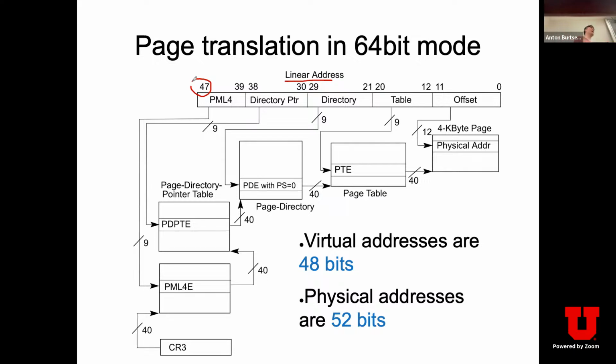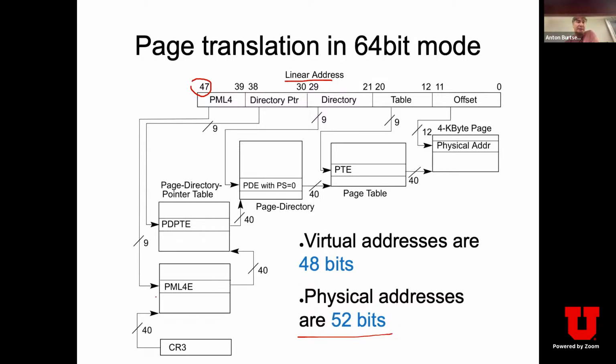If you have upper bits, I forget how it actually works, but it can be an exception, or it can just drop those bits and say we don't know what to do with them, right? And since you're translating your address space, physical addresses are also not 32 bits or 64 bits. You need 52 bits to provide a physical page number.